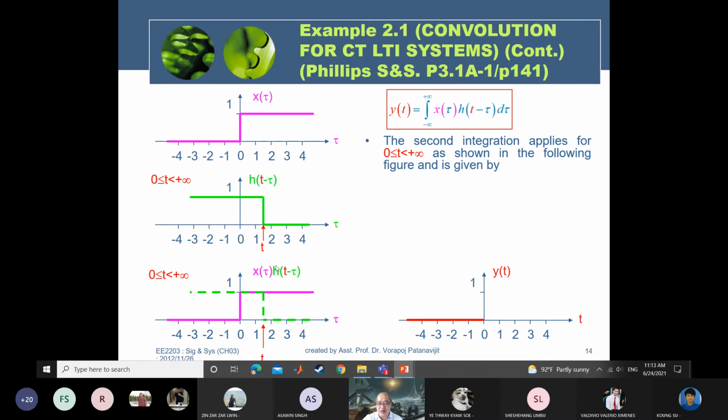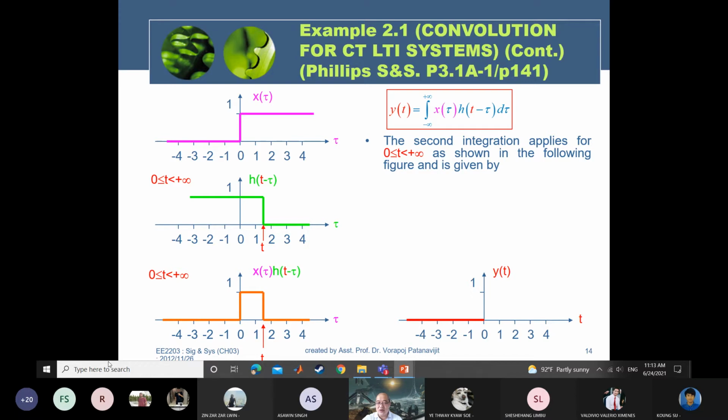Now you can separate the graph into three pieces. For time less than 0, the pink equals 0, therefore 0 multiplied by anything gives 0. Between 0 and t, 1 multiplied by 1 gives 1. And for time greater than t, it equals 0 again.